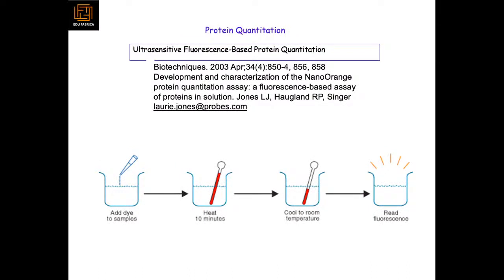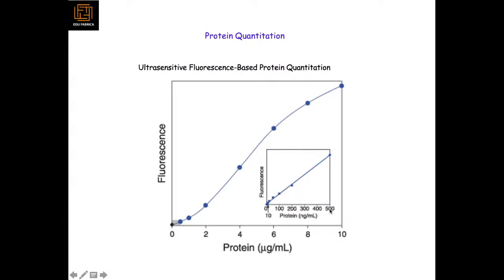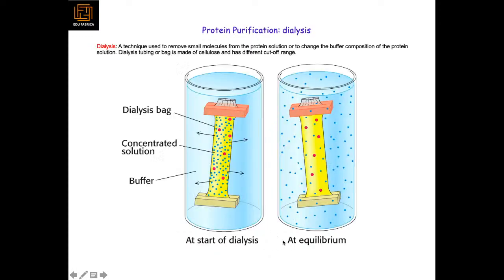There's also another method, ultra-sensitive fluorescence based protein quantitation, in which you add a dye to your sample, heat it for 10 minutes, cool it to room temperature, and then you can read your fluorescence. So we get a graph like this, fluorescence versus protein in micrograms per ml, and if you calculate the fluorescence value, you can tell the concentration of your protein based on that.